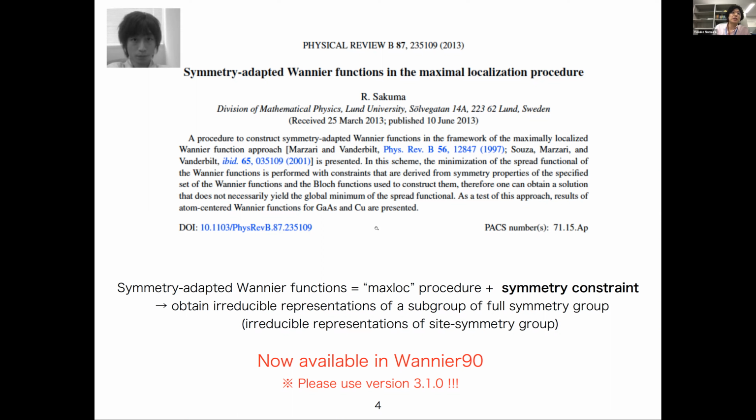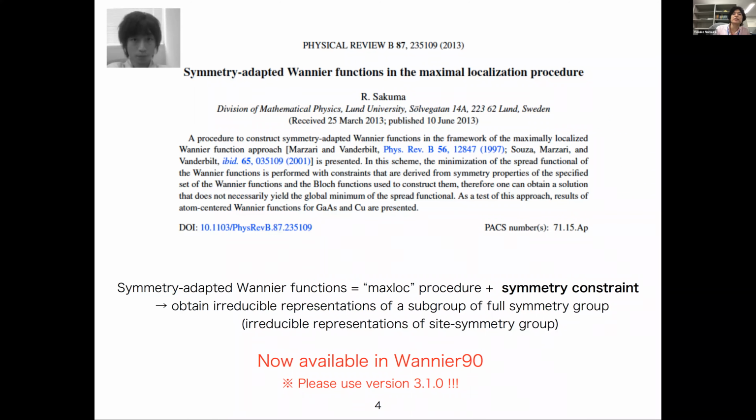So basically what the symmetry-adapted Wannier function does is put a symmetry constraint on the max-loc procedure. Then we can obtain the irreducible representations of the site symmetry group.